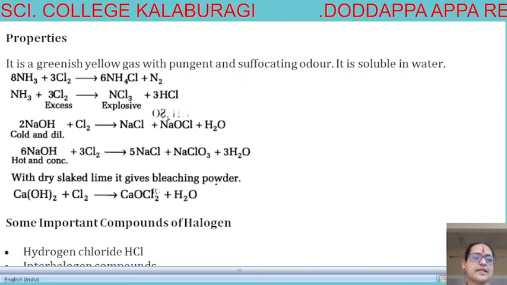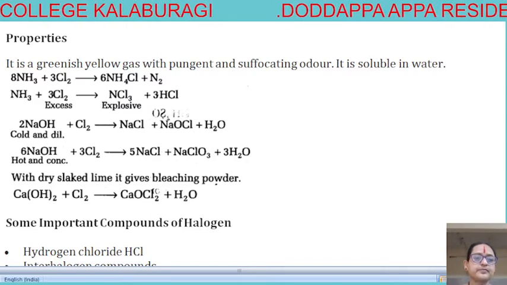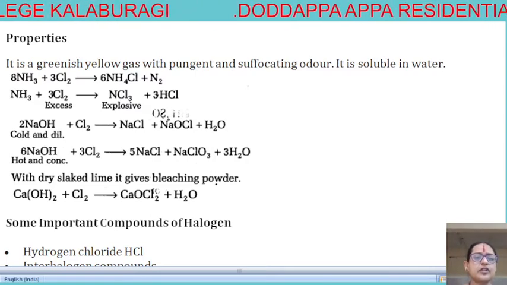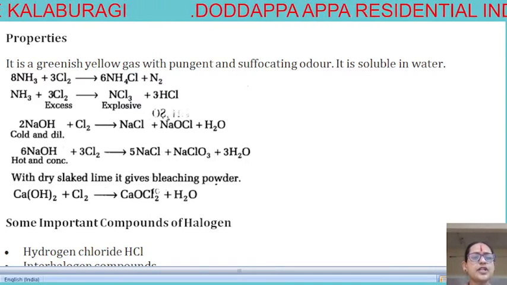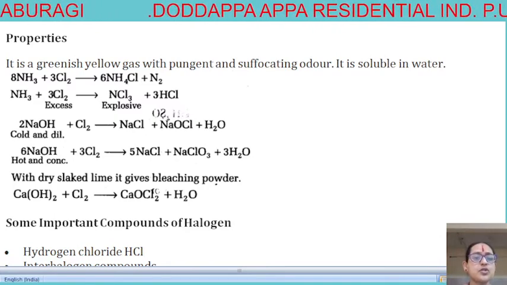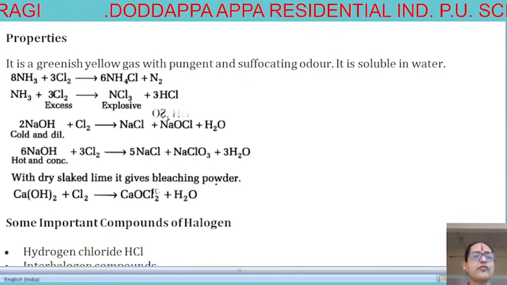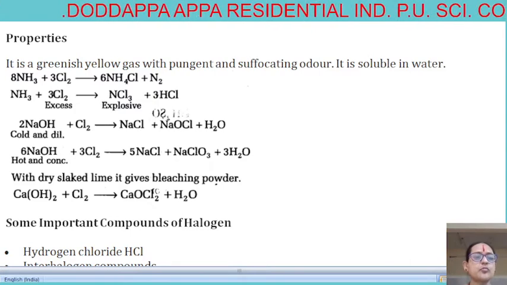Here are the properties, how it reacts with ammonia, with excess and with little chlorine. With excess chlorine, it forms an explosive compound, whereas with little chlorine, it forms ammonium chloride.